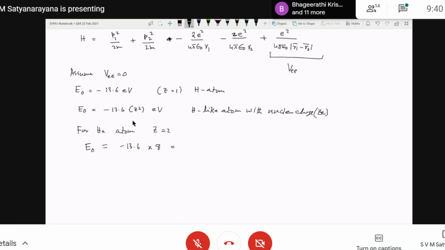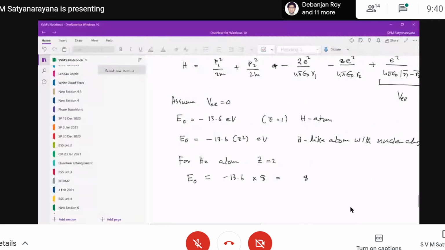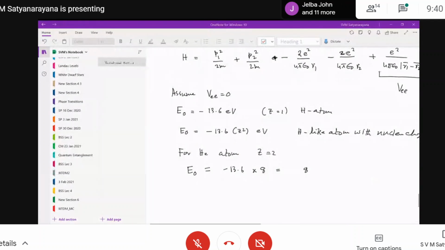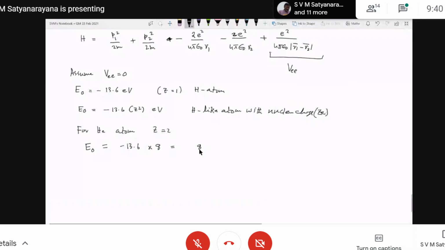So this is equal to minus 108.8 electron volt.